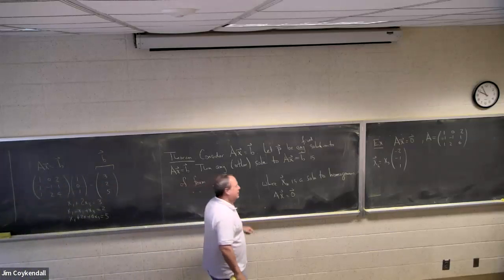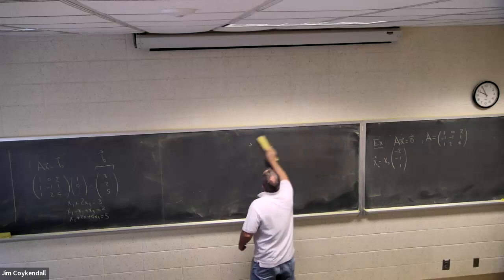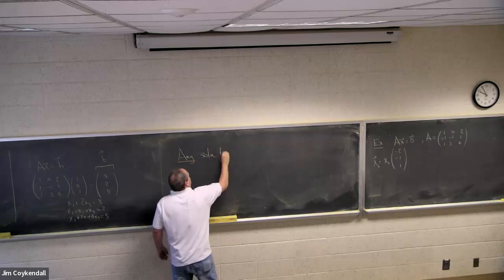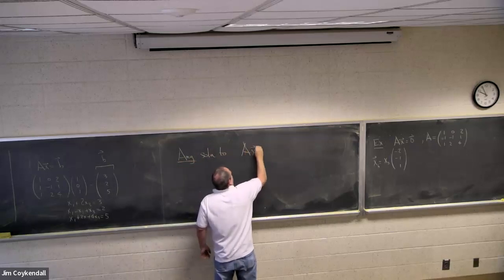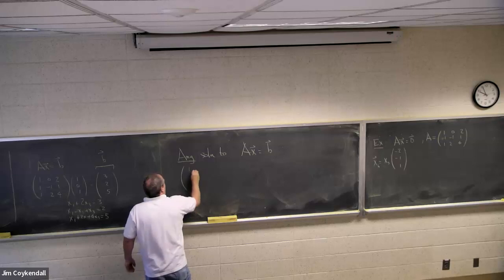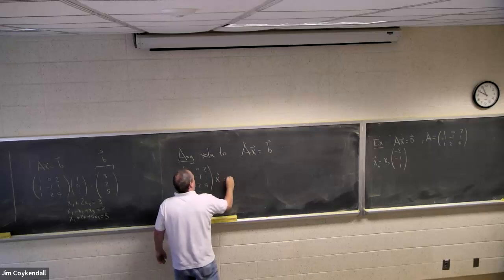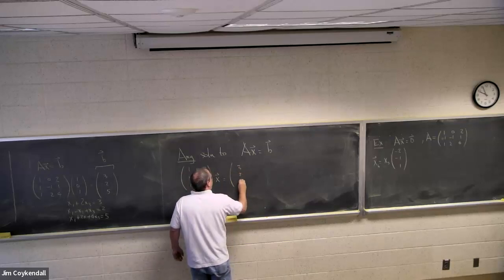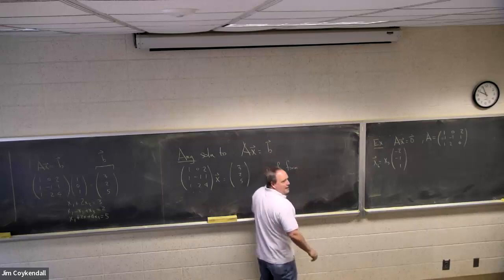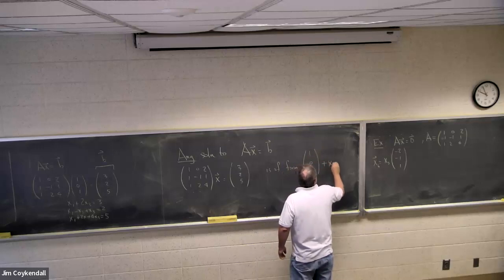What this theorem says is any solution, which in our case is 1, 0, 2, 1 -1 1, 1 2 4 times x equals 2, 3, 2, 5, is of the form my known solution plus x sub h.